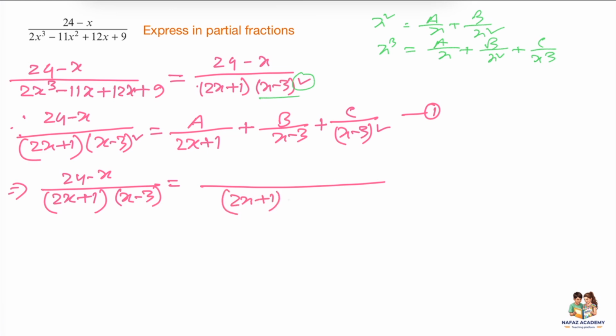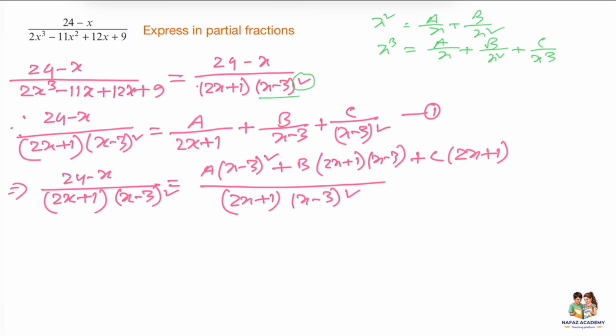Taking the LCM, the factors: for A, 2x plus 1 is eliminated; for B, 2x plus 1 and x minus 3 are eliminated, so only x minus 3 remains; and for C, x minus 3 squared is eliminated, so 2x plus 1 only.